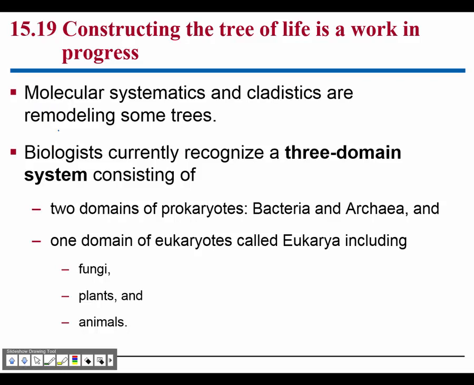So when we do this, we're constantly remodeling based on the number of data points. Just like science, when we get better data or more data, it's willing to change. And so we currently recognize a 3-domain system: 2 domains of prokaryotes, bacteria and archaea, and 1 domain of eukaryotes, which has plants, animals, and fungus.